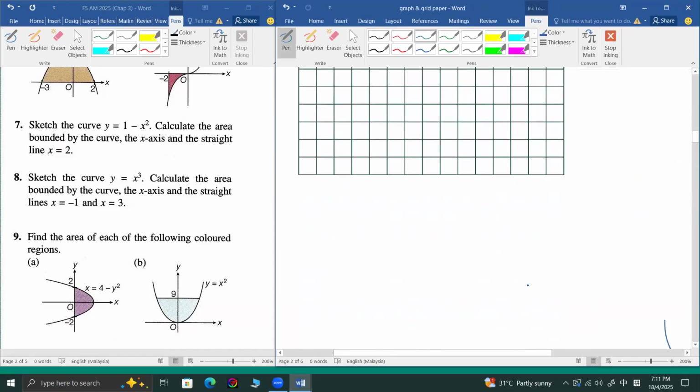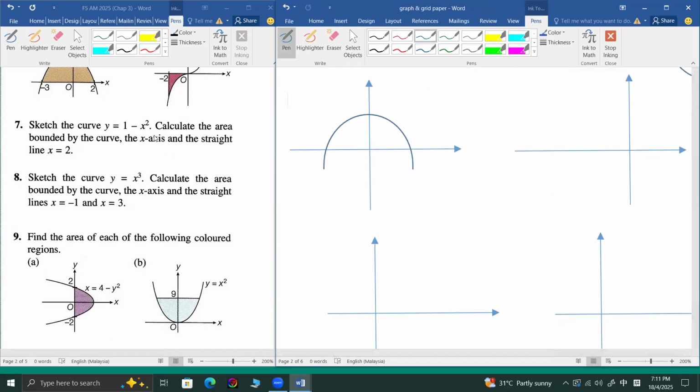All right. The y-intercept is 1. So when you sketch it, you find the area bounded by the curve, the x-axis, and a straight line of x equal to 2.